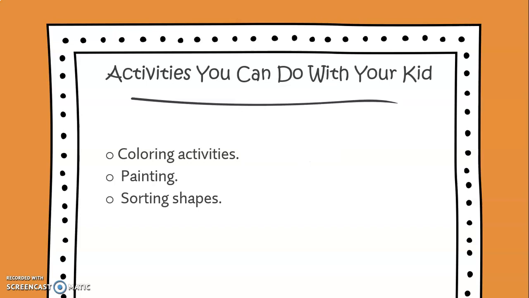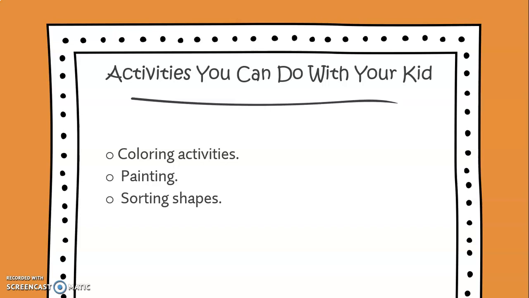The other activities you can do with your kid are coloring activities. My favorite one is painting. Just paint their hand and make them put its impression on a drawing book or something. You can write the date, so that will be a memory.